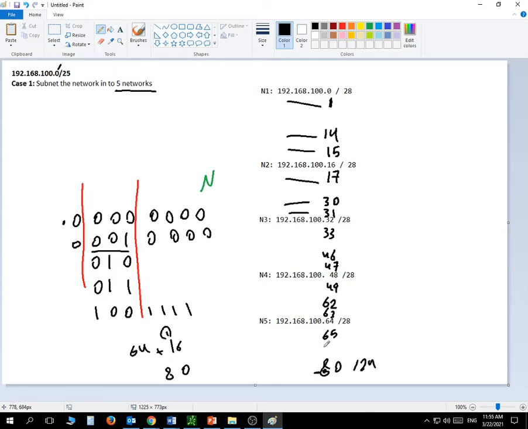Then I think 79 will be the last available IP address, because again, this is the broadcast. So the second available IP address for the network is going to be flipping this to 1 and putting all the others to 0. So it's basically 64 plus 32.